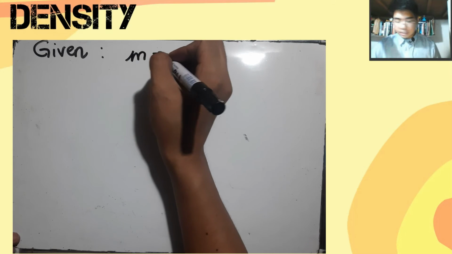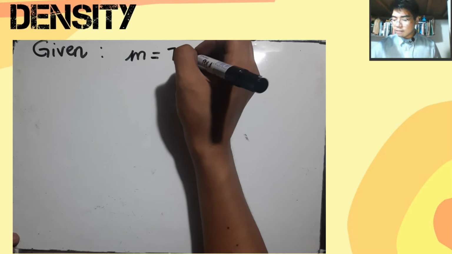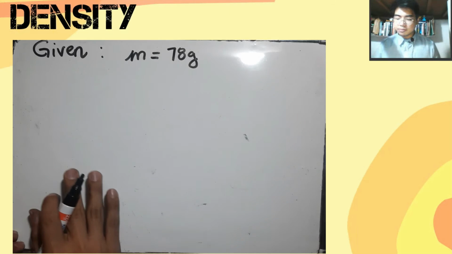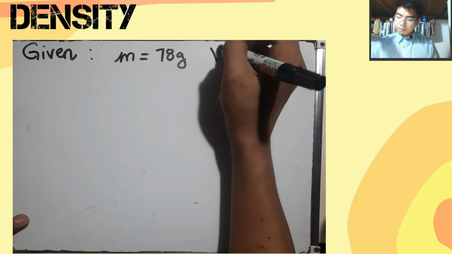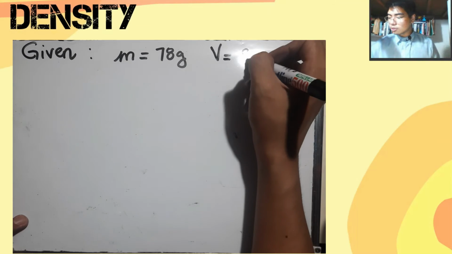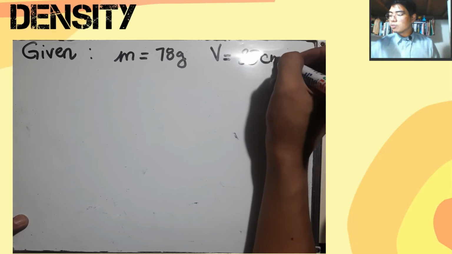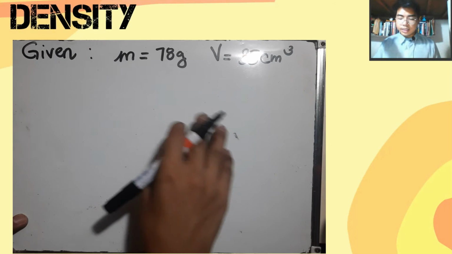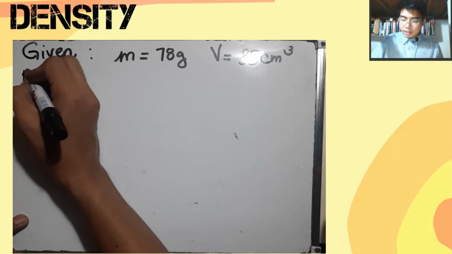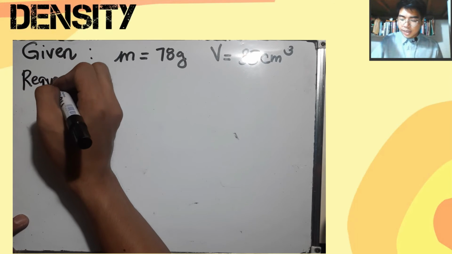Now, in this particular problem, a toy has a mass of 78 grams and a volume of 35 cubic centimeters. The given, the first one, the mass, is equivalent to 78 grams. Then, for the volume, it is equivalent to 35 cubic centimeters. Now, letter R is the required.